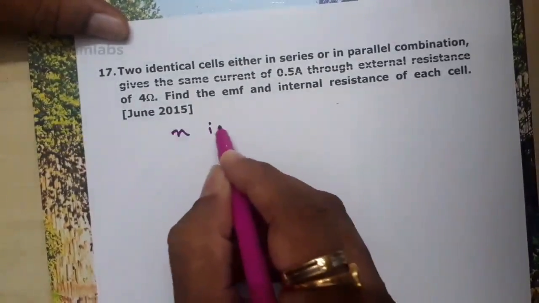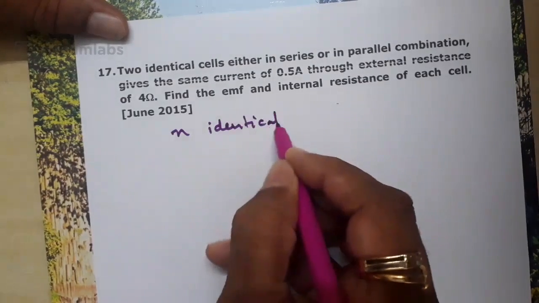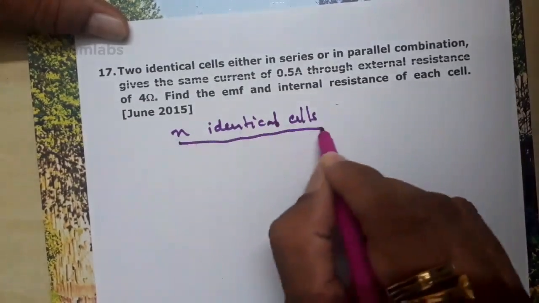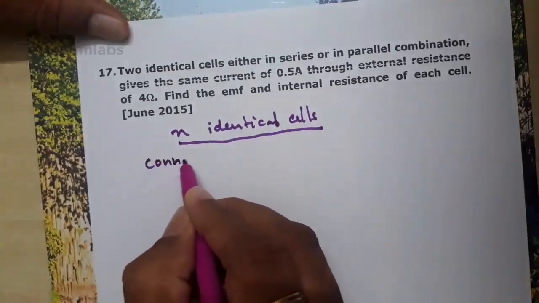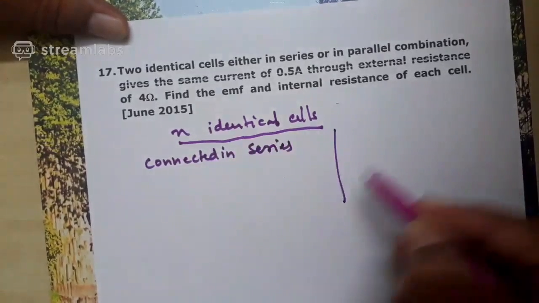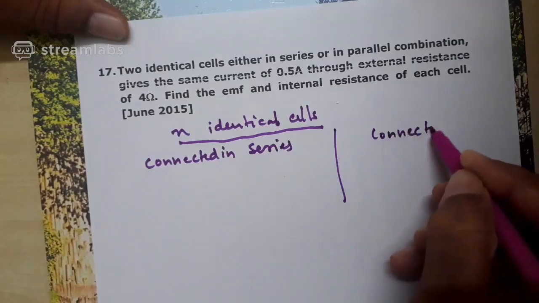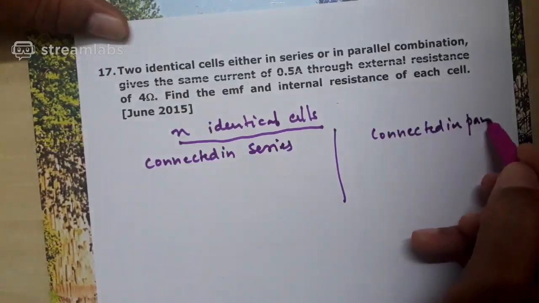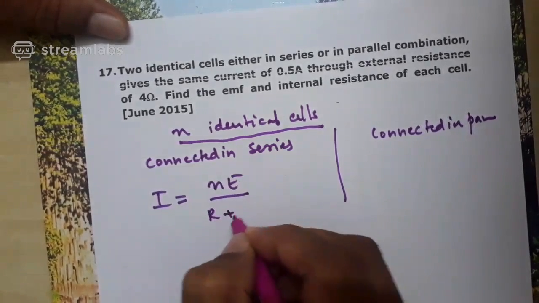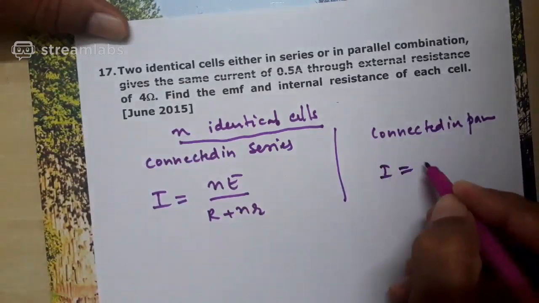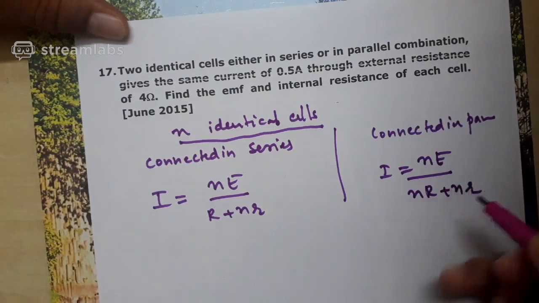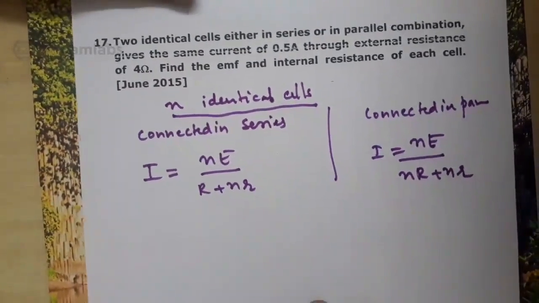See, if I take n identical cells connected in series, later connected in parallel, here the formula is I is equal to nE by R plus nr. Here the formula is I is equal to nE by R plus r by n. This formula I'll use directly.